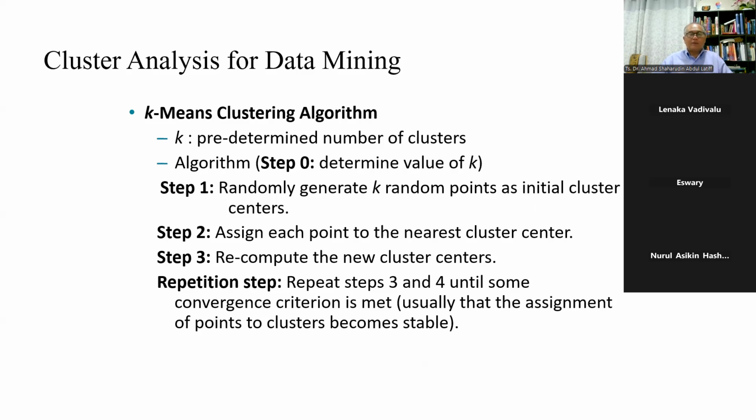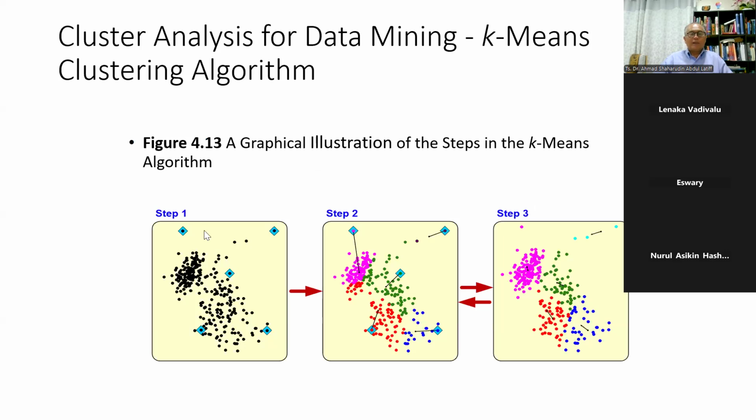So how do you do this? Let's use this example here. You can see step 1, you determine the clusters here. This is cluster 1, 2, 3, 4, 5. And then you measure the distance from each one, 1, 2, 3, 4, 5, based on the centroid.